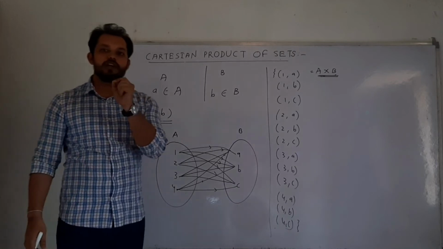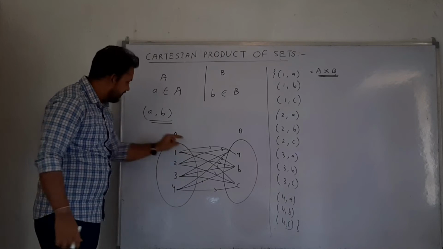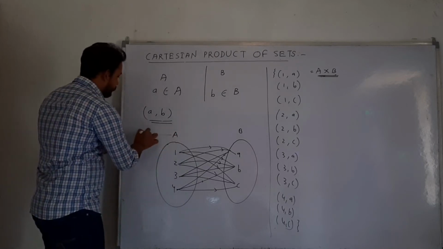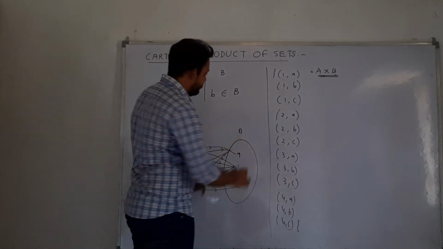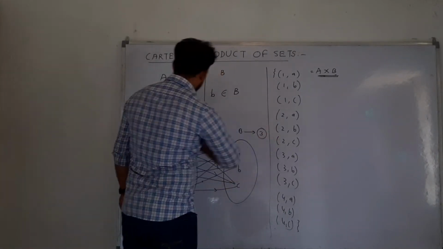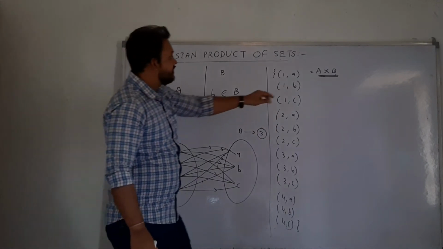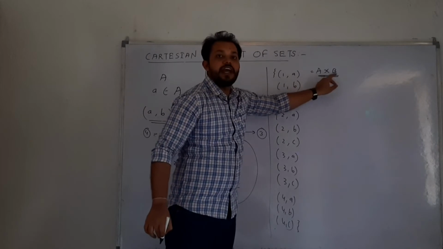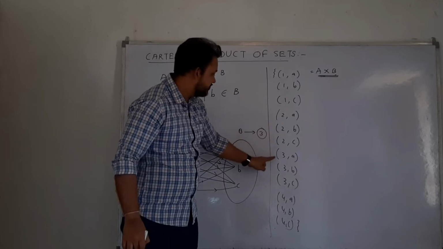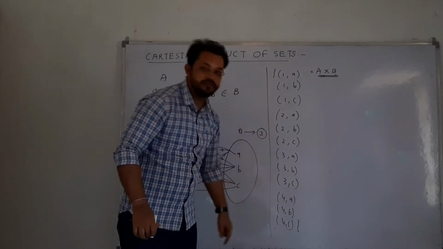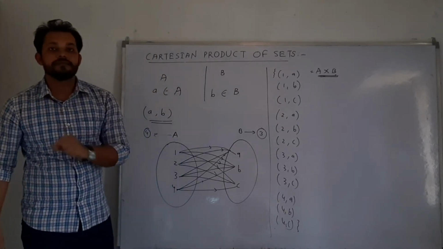One more concept you can observe from here: the number of elements in set A in this case is 4, and the number of elements in set B is 3. Then the number of elements in this Cartesian product of A and B you can count: 1, 2, 3, up to 12. That means 4 into 3.